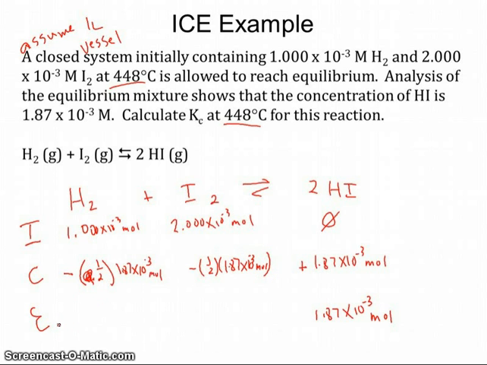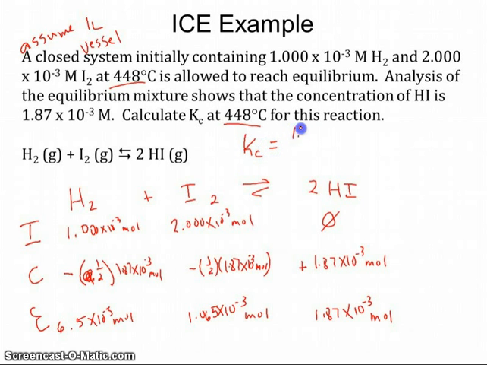And if that's the case, then all I have to do is subtract my values. So if I take 1 minus 1/2 of 1.87 times 10 to the -3, that is 6.5 times 10 to the -5 moles. And if I take 2 minus that amount, I get 1.065 times 10 to the -3 moles. And so these are the values that I have for my equilibrium concentrations. So then Kc will just be those concentrations.